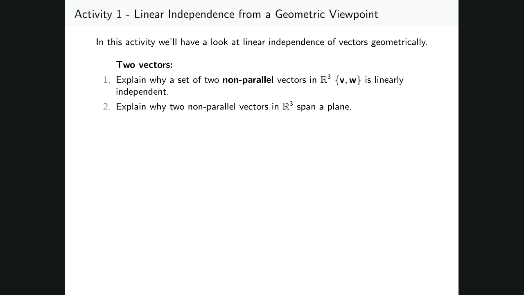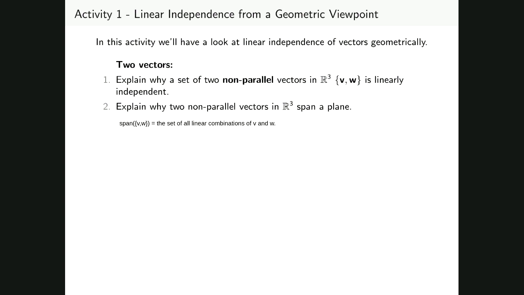Okay, explain why two non-parallel vectors in R3 span a plane. Right, so first we want to understand what the span is. Right, so the span is the set of all linear combinations of v and w.